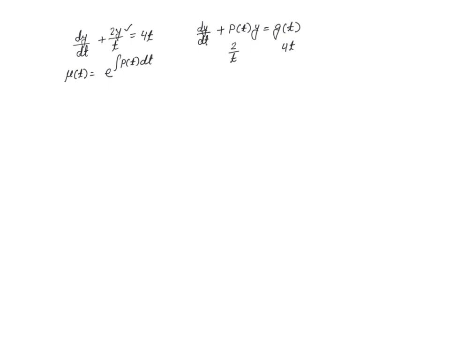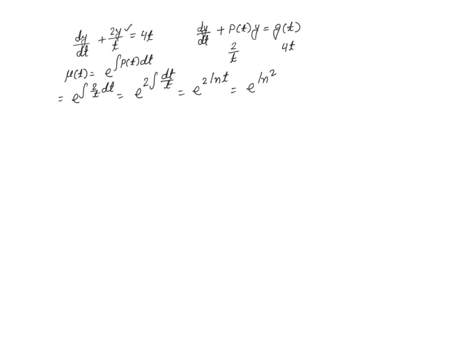If I simplify it, I get e to the power integral of 2 over t dt, which is e to the power 2 times integral dt over t. Integral dt over t is nothing but ln of t, and that further simplifies to e to the power 2 ln of t.